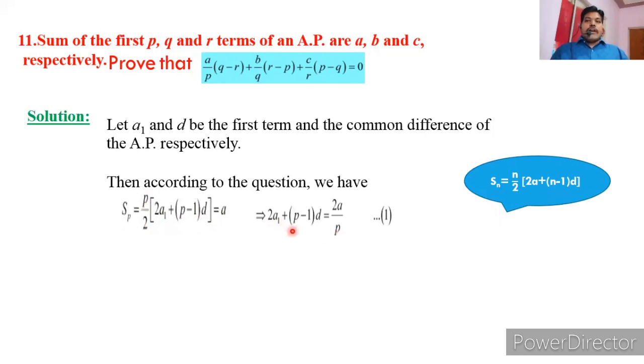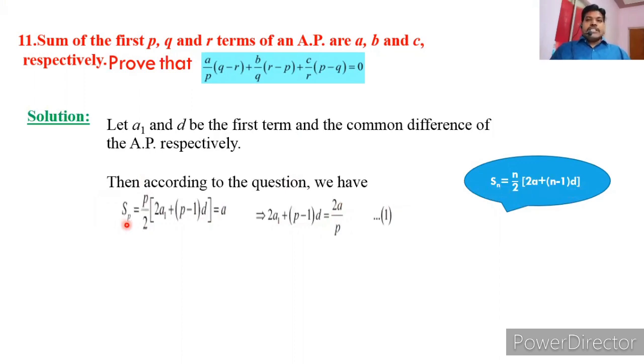So 2a1 plus p minus 1 into d will become 2a by p. So why? Because once again see, what is the Sn? Sn value is n by 2 into 2a plus n minus 1 into d. So in the place of n I have taken p, it represents the sum of first p terms.